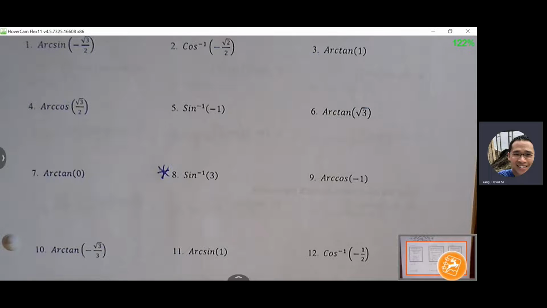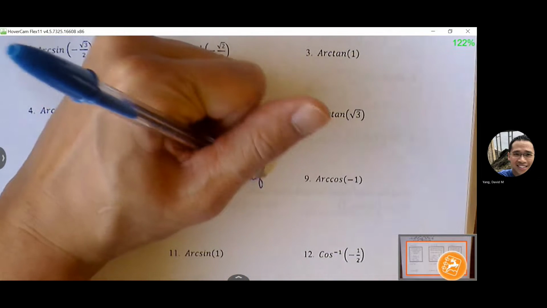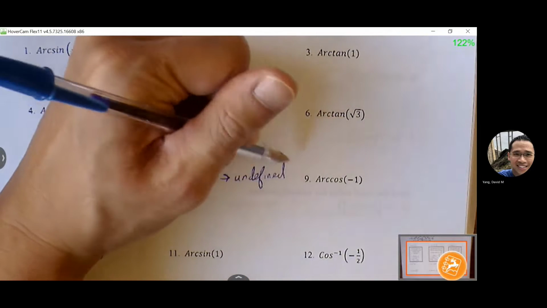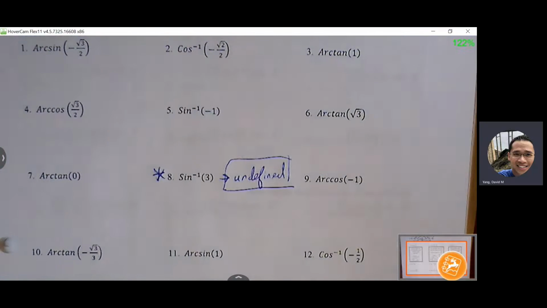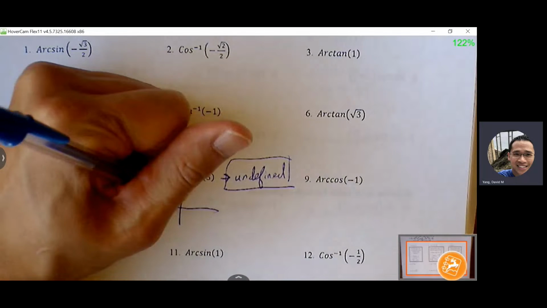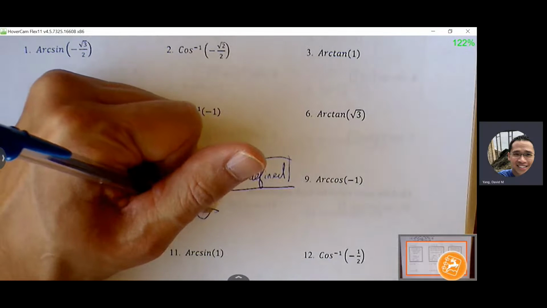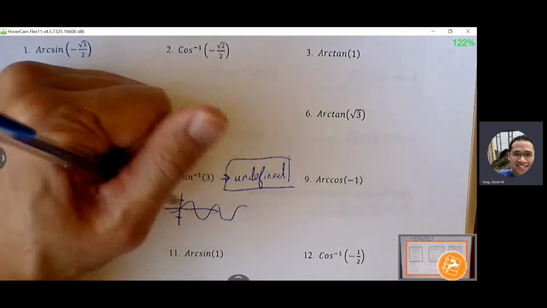Yeah, it only hovers between -1 and 1, so it's never going to reach a y value of 3, so it's undefined. Your sine graph is always going to just hover. It never has a chance to reach up to that point.